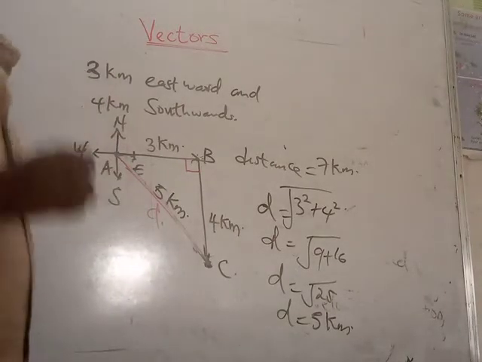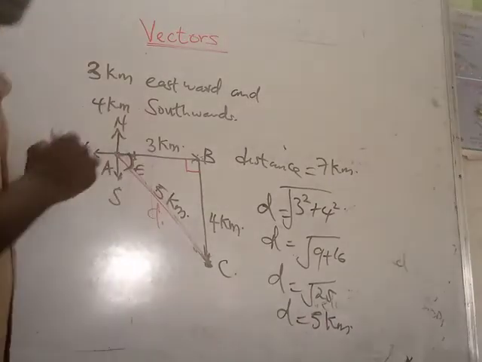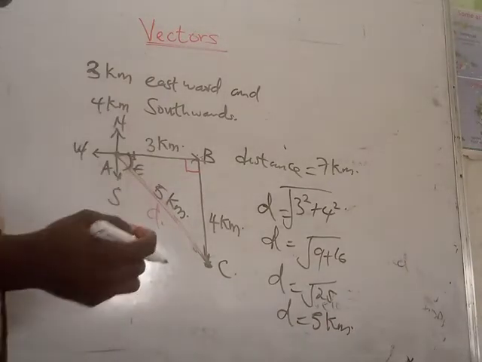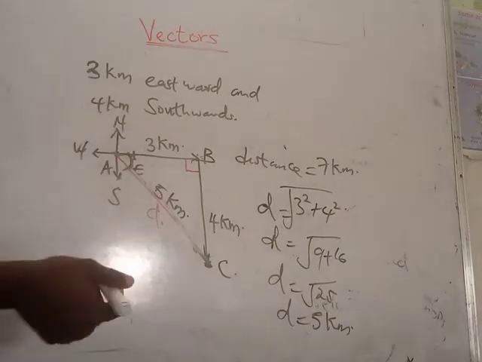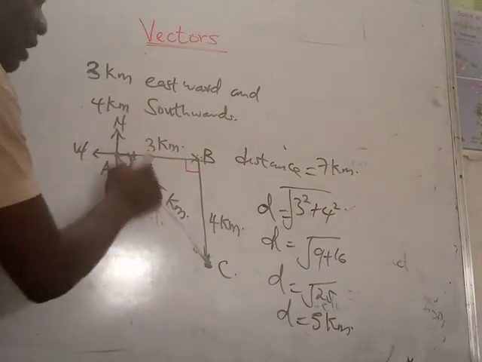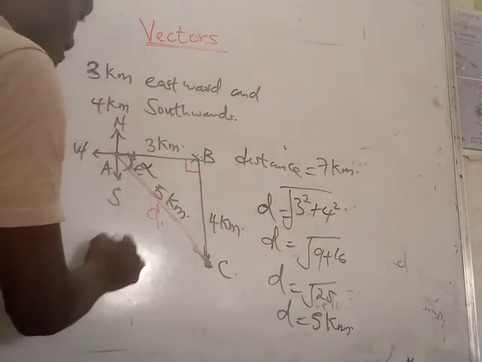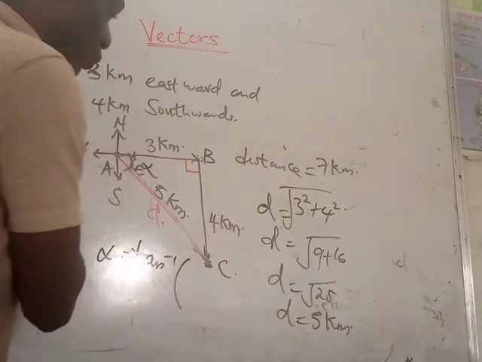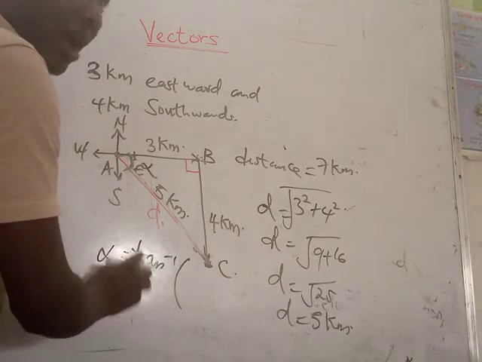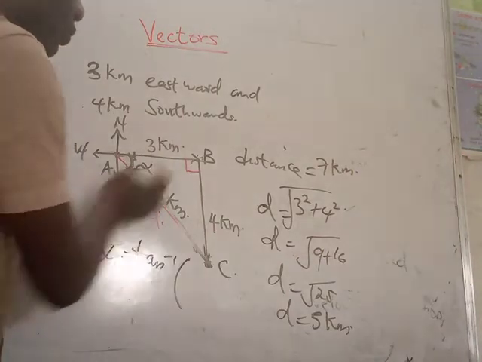Now take note that you have to determine his angle or his direction from his starting point. So we have to determine the bearing. Let me calculate the angle here. The angle alpha is going to be given by tan alpha, or alpha equals arctan of opposite over adjacent.